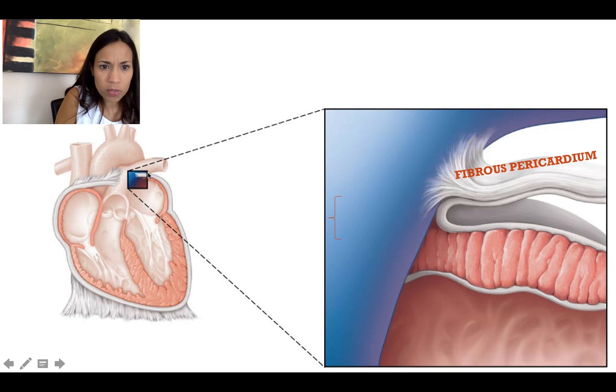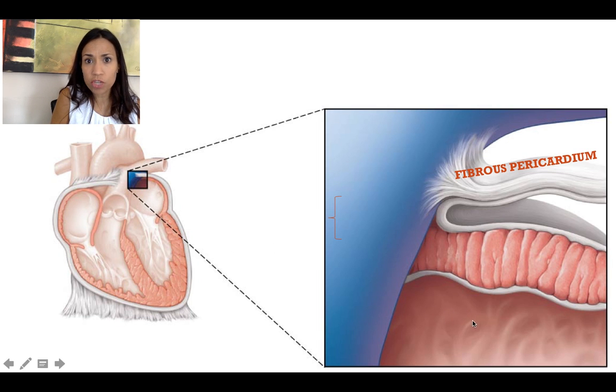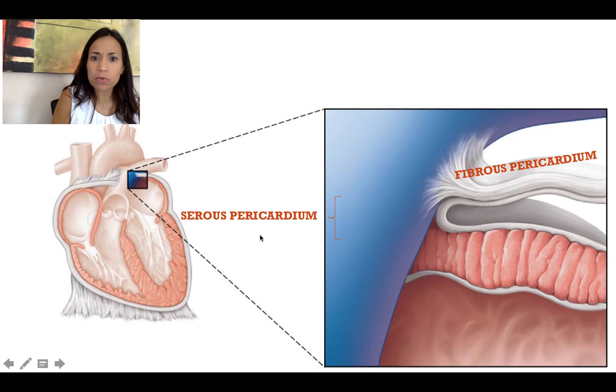This is an enlargement of this area. Here we are inside one of the chambers of the heart, and this is the wall of the heart, and this is the covering, the outside. We just described the fibrous pericardium, and we said that we also have a serous pericardium, the inner layer of the pericardium.